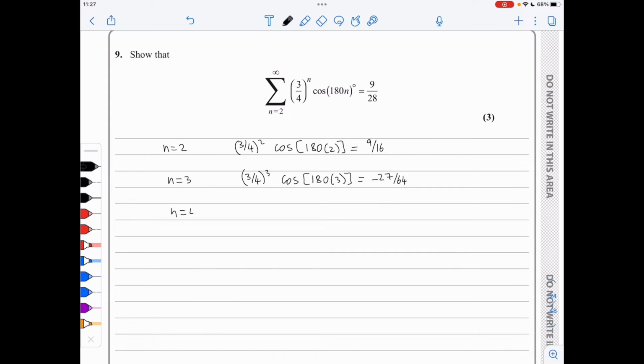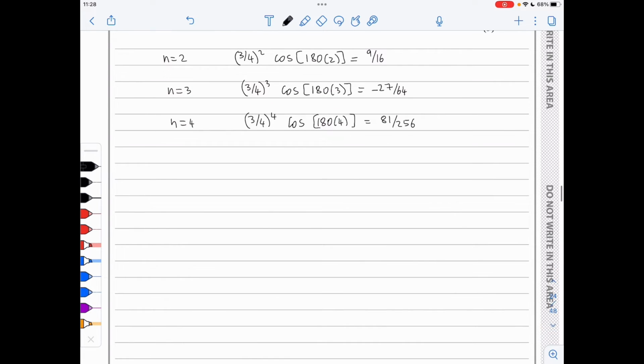When n is 4, we get 3 over 4 to the power of 4 times cos of 180 times 4, and this is equal to 81 over 256. It doesn't take long to realize that we're looking at a geometric sum. The first term being the 9 over 16. So the A is 9 over 16.